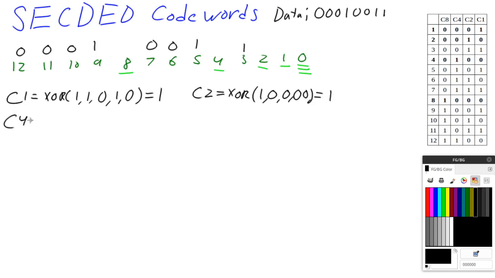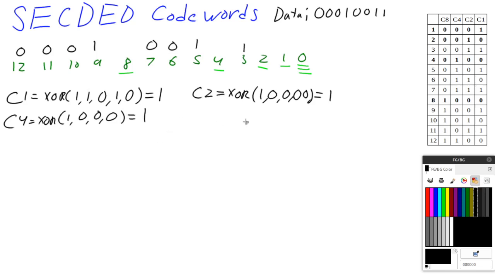Now C4, and C4 is 5, 6, 7, and 12. So we've got 1, 0, 0, 0. And so that turns out to be a 1.